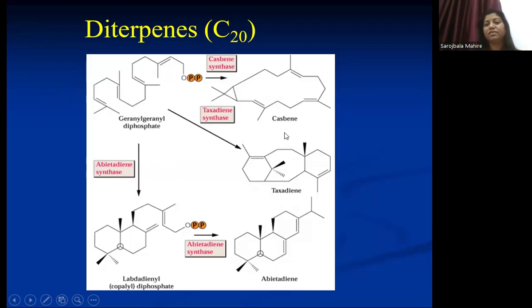This is casbene, and by the process of hexadiene synthase, that is hexadiene. By the process of abietadiene synthase, that is the labdadienyl propylene diphosphate. And on this, by the enzyme abietadiene synthase, that is the abietadiene.